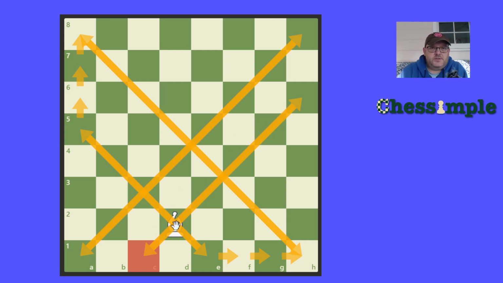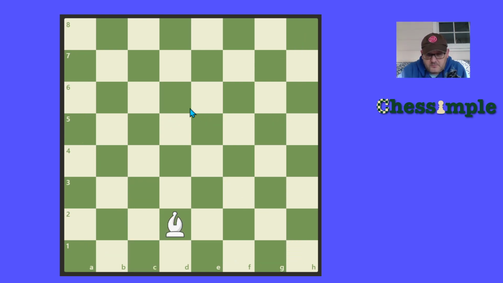And so since it's an even number, it's on the same colored square. So it's also a dark squared diagonal. And it's 2 squares away. Where it runs to the edge of the board, where the diagonal ends, is 2 squares away from the corners of that long diagonal. Now, we're not going to do that for everything, but I just wanted to point that out and tie that in to our last session.